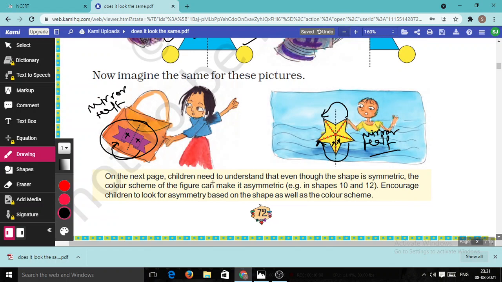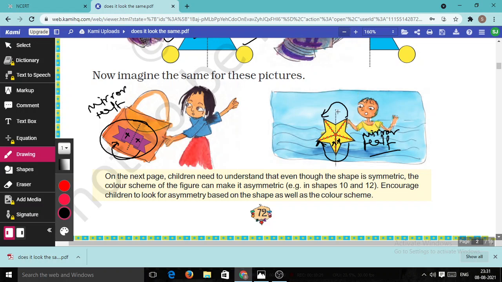Now, on the next page, children need to understand that even though the shape is symmetric, symmetric means what? Having the size and shape equal. What do you mean by a symmetric shape? Again, look here.